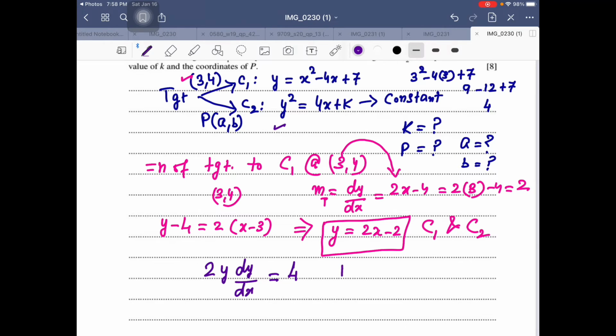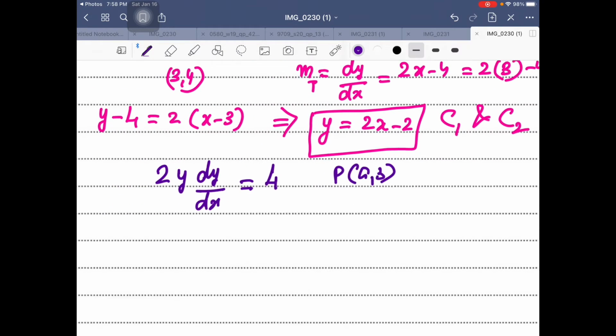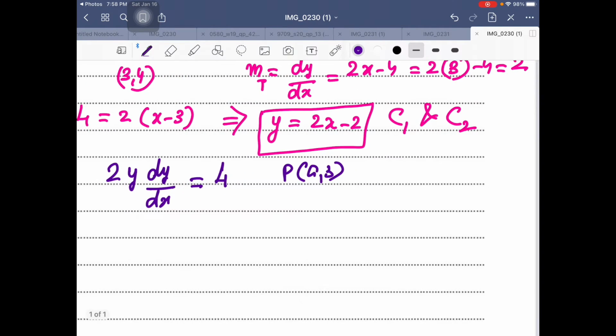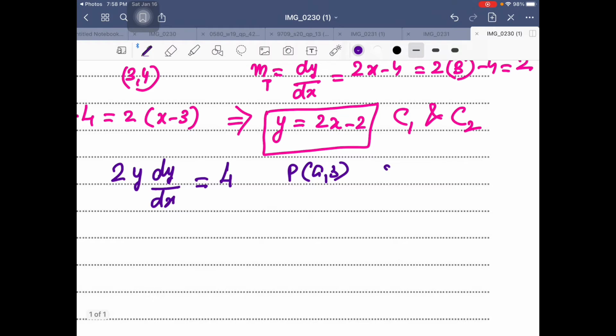At point P, which is (a, b), plug in x equal to a, y equal to b. I get 2 times b times the derivative equal to 4. So this derivative, the gradient of the same tangent, is 4 over 2b, which means 2 over b.